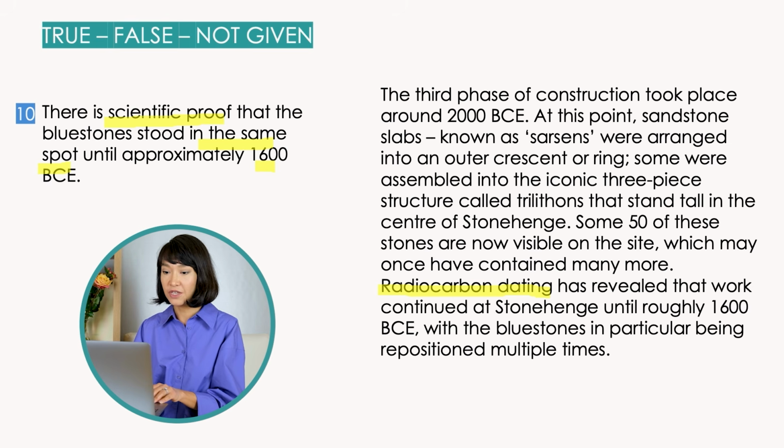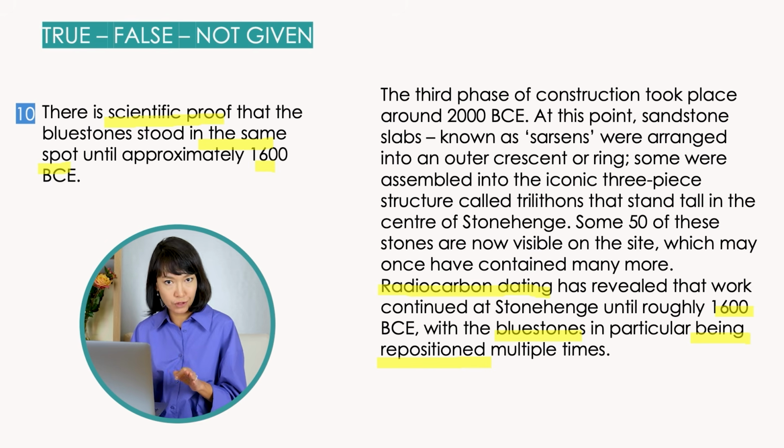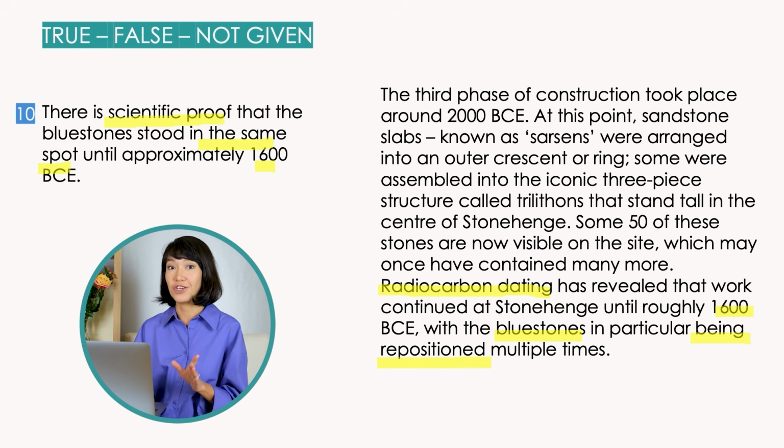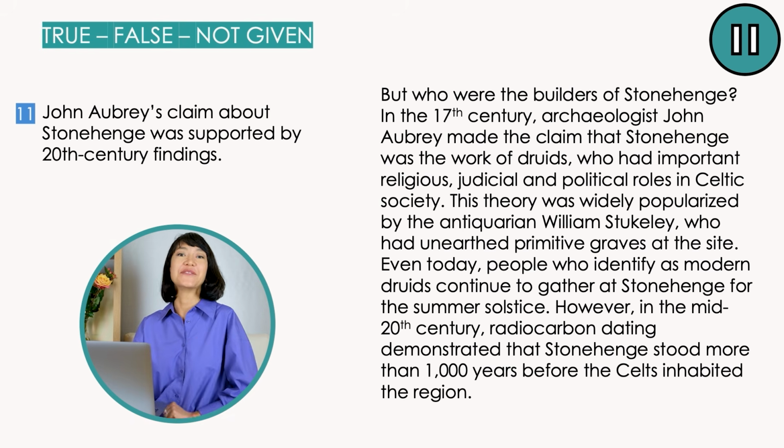It's revealed that work continued until 1600 BCE, with the blue stones in particular being repositioned, moved multiple times. So they didn't stand in the same spot. There is a direct contradiction, and the answer is false.